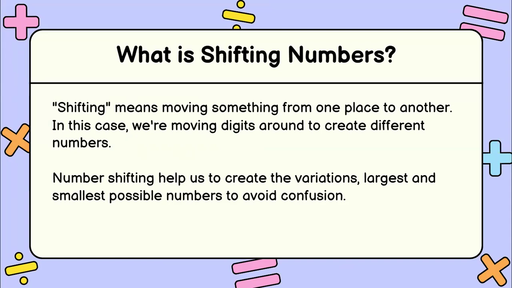Number shifting helps us to create different variations and every possible number to avoid confusion. What are variations? Variations are versions, different versions. So, number shifting helps us to create different versions.